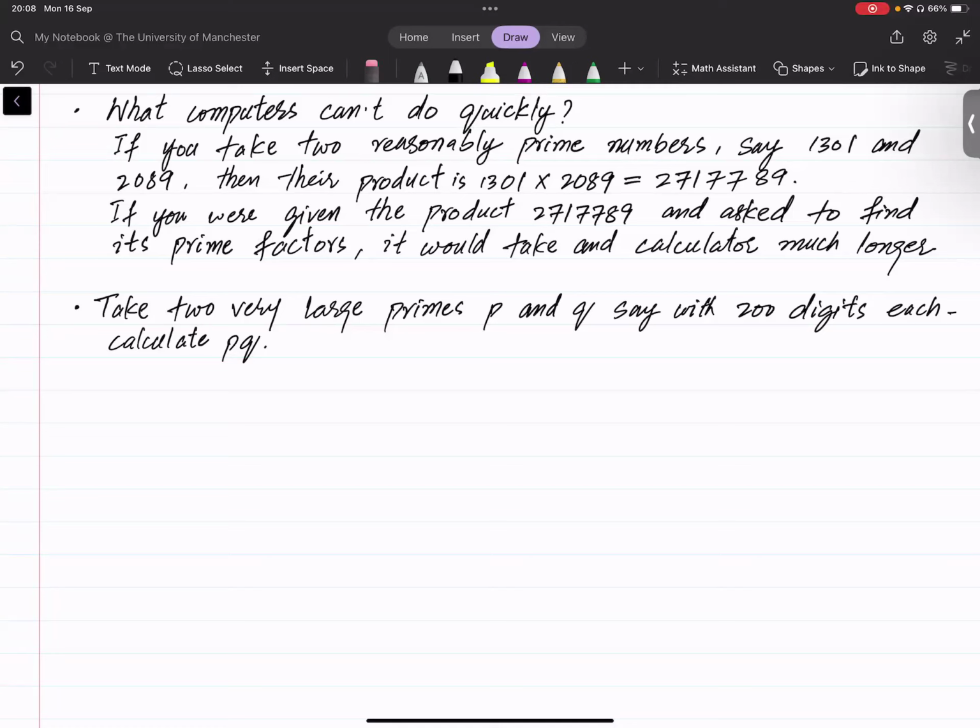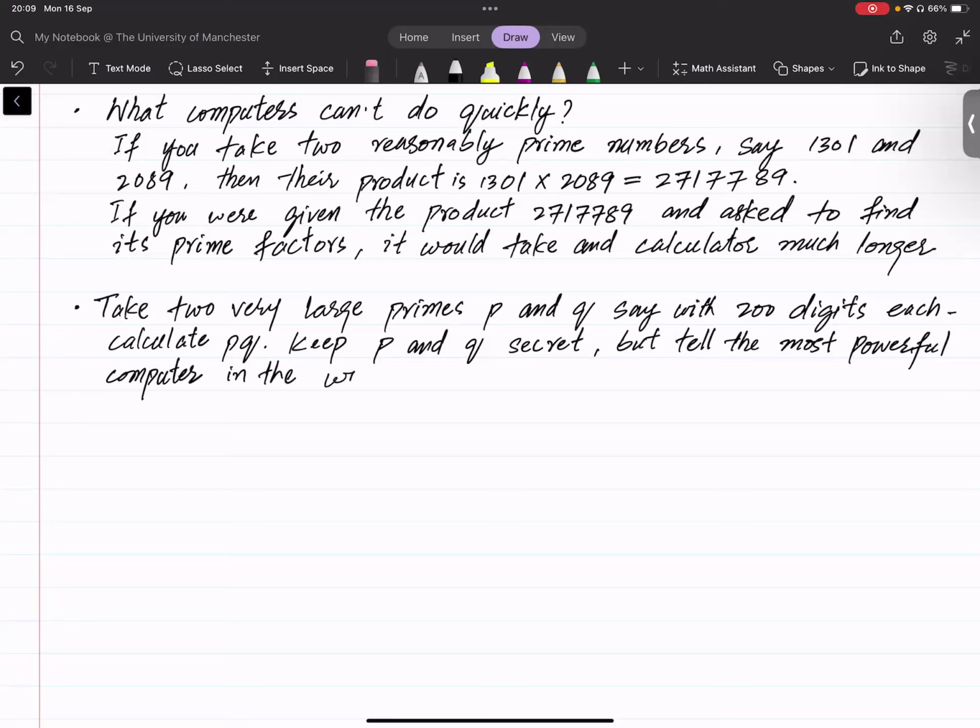Now keep P and Q secret, but tell the most powerful computer in the world today the value of PQ, the value of their product.